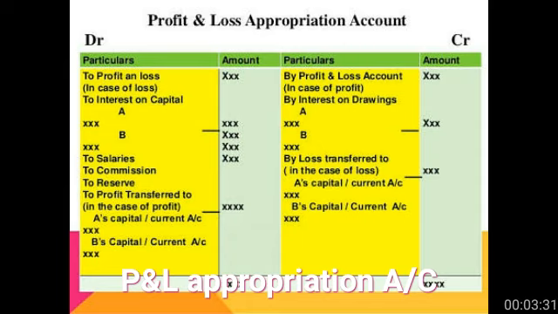Debit side, last item which is mentioned, it is a divisible profit. It is only obtained after getting the totals of both the sides. And if credit side total is more, then it is recorded on debit side. It is a divisible profit, will be distributed among the partners in their profit sharing ratio.